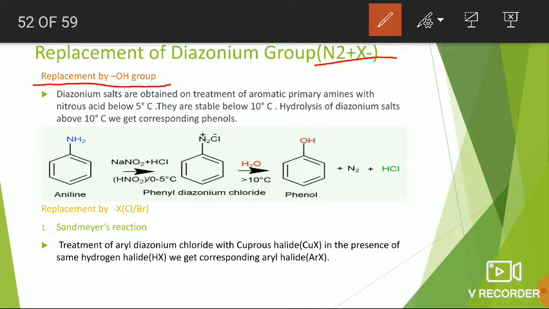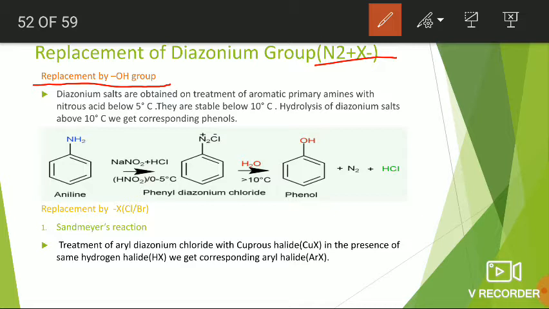aromatic primary amine, here only aromatic primary amine, with nitrous acid below 10 degrees centigrade, mostly below 5 degrees centigrade, we get the corresponding diazonium salts.